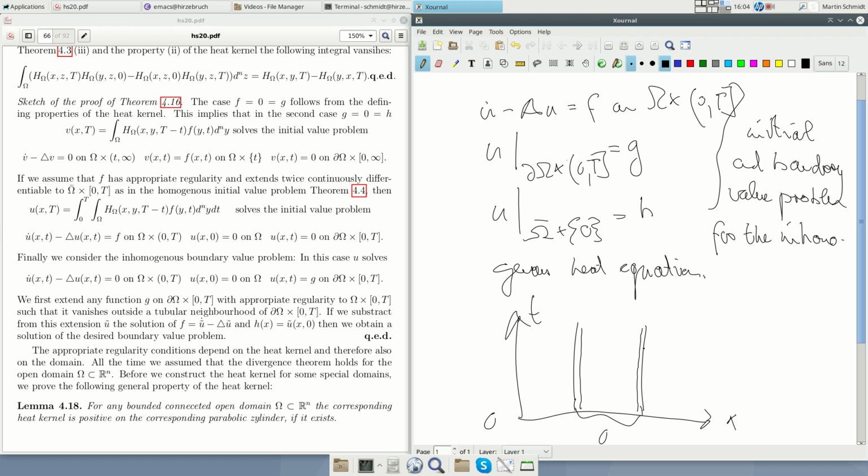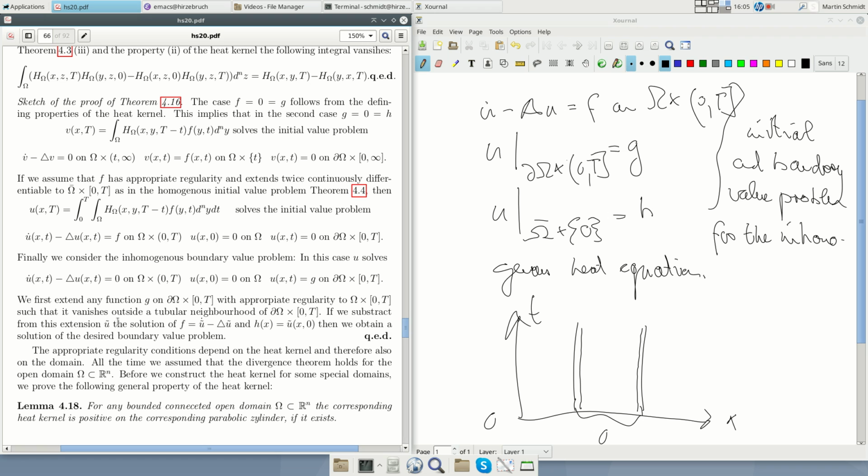Yeah, so this means we have a function here and extend it such that it goes continuously to 0, and then set it 0 here. Yeah, in a tubular neighborhood we go to 0.